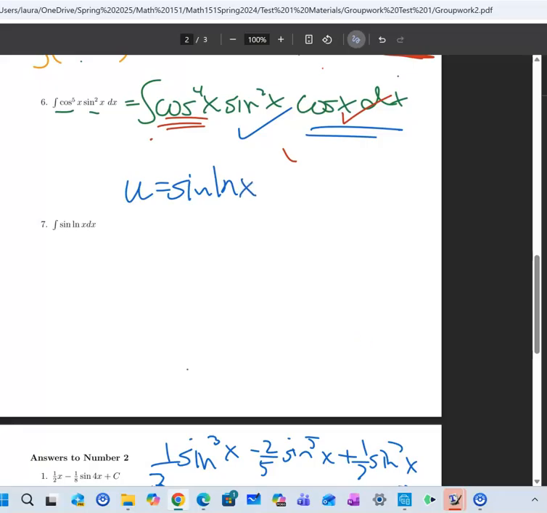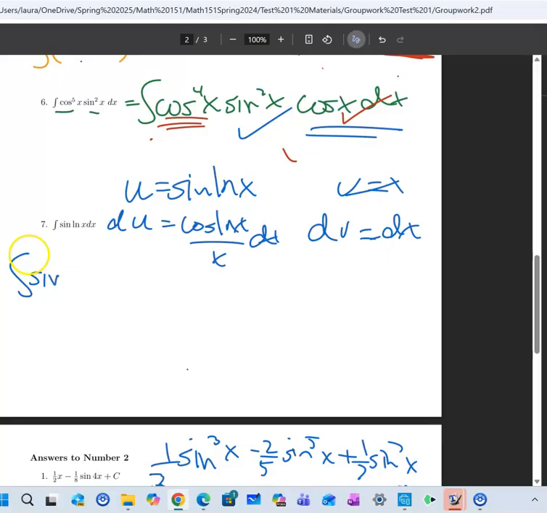So careful, this is all one function. So the dv is just the dx. So that means v is x. And let's be careful taking the derivative of this with chain rule. Cosine of ln of x over x dx. All right, so let's carry the original guy along.